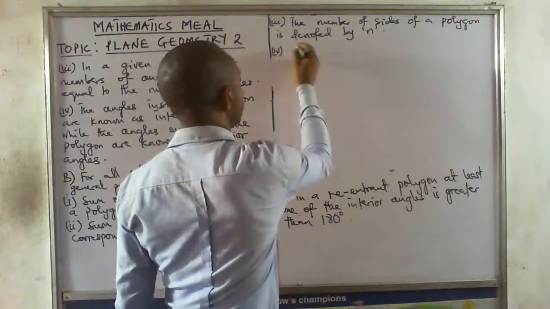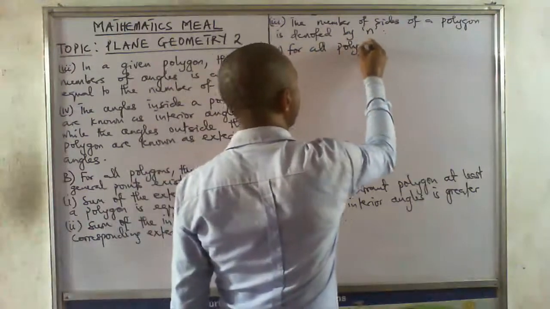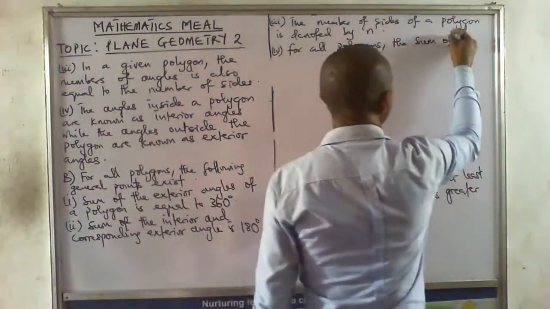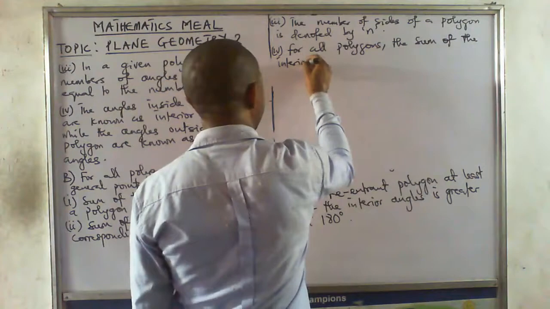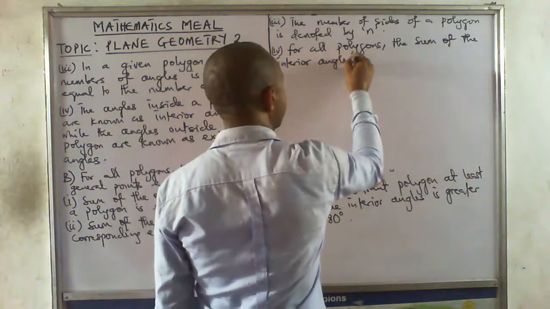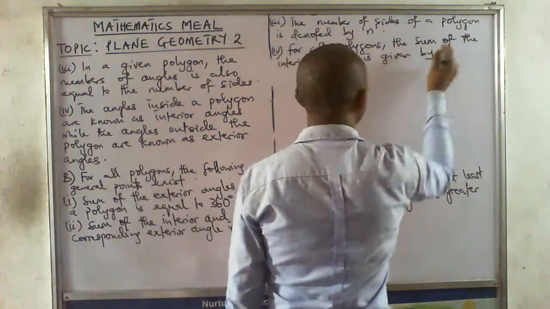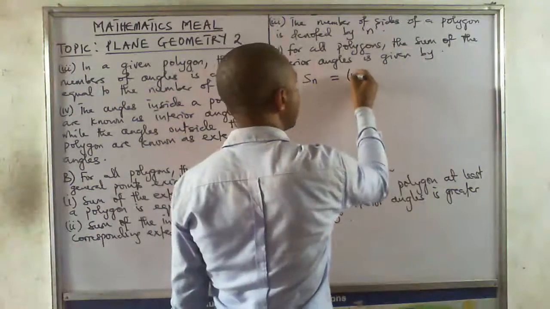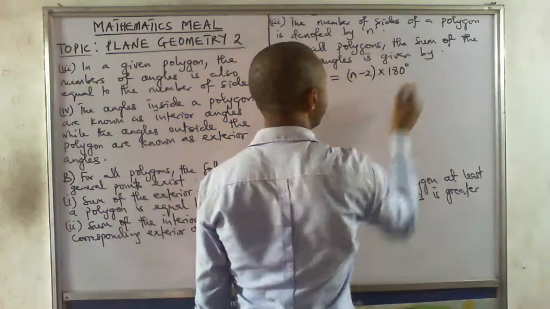So for all polygons, the sum of the interior angles is given by S_n = (n - 2) times 180 degrees.